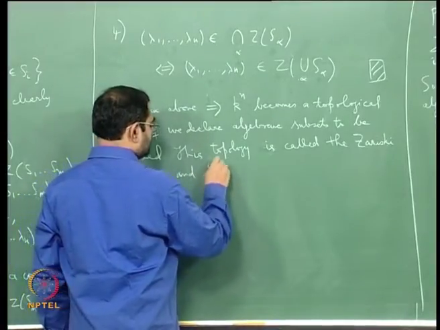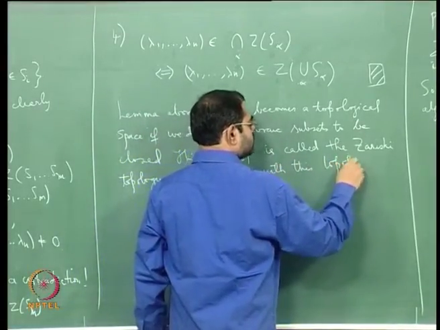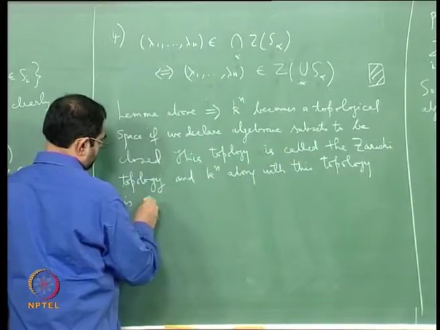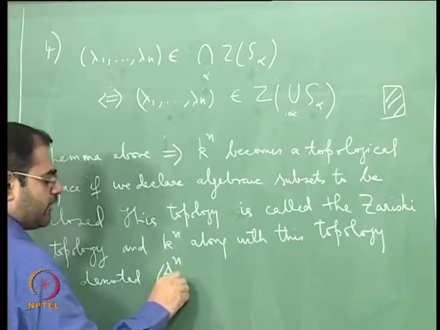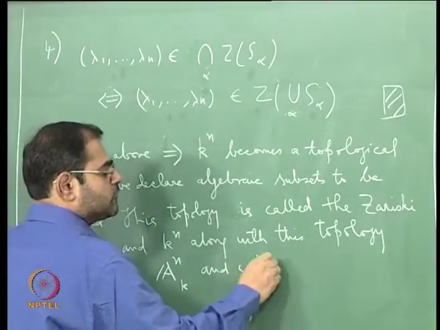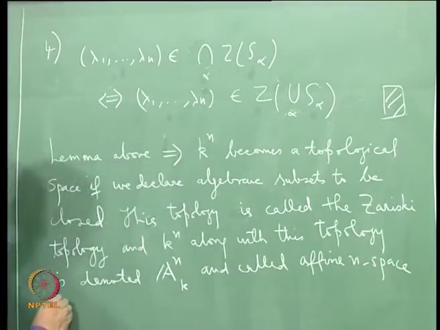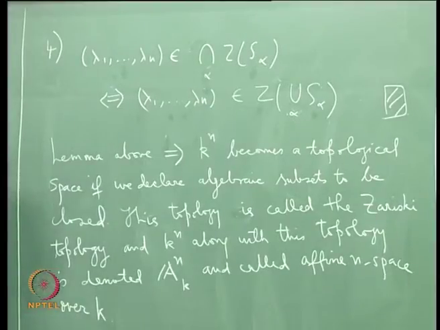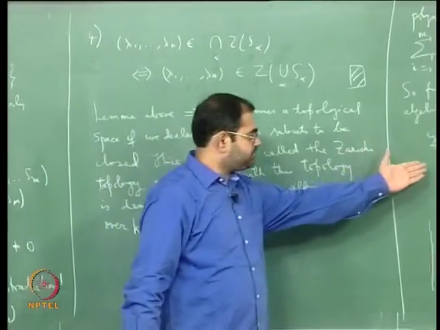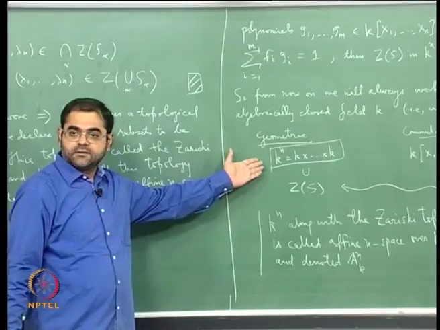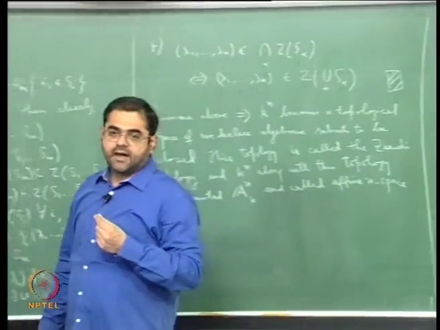And Kn along with this topology is denoted A^n_K and called affine n-space over K. Okay, so you see we stripped off the vector space structure, but then to make it into a different thing we called the affine space, we added the Zariski topology.